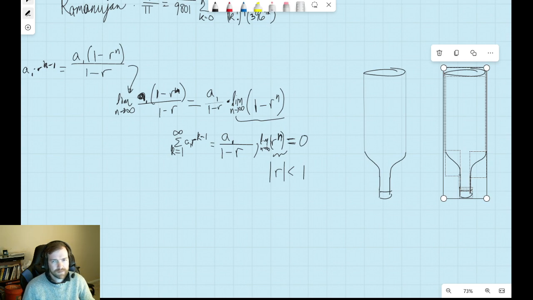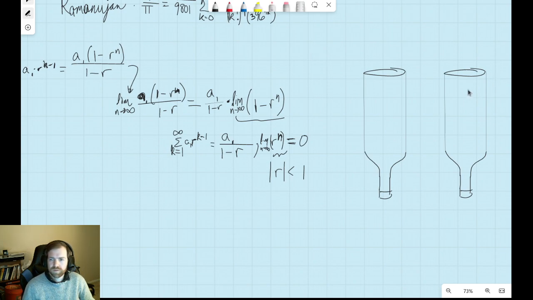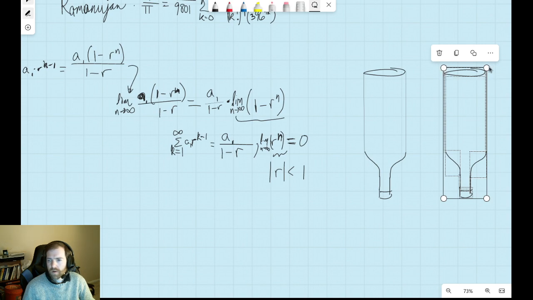Too many wobbles. Or even flip vertically would work, right?